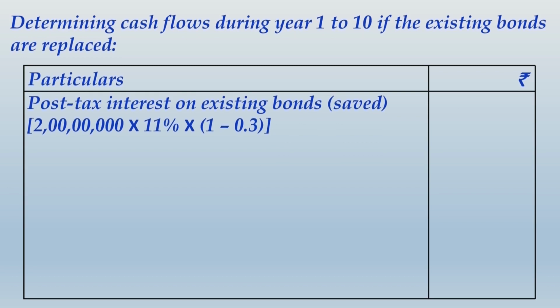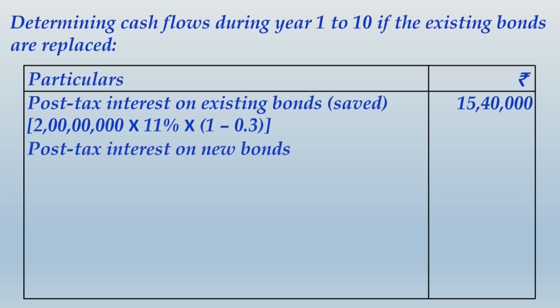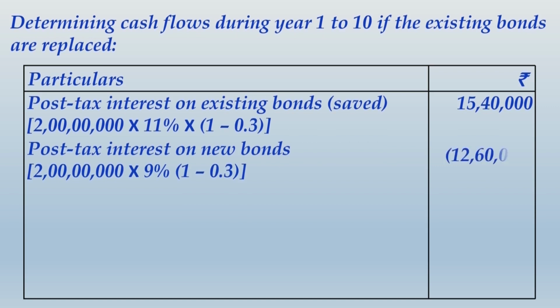So 1 minus tax rate, finally the post-tax amount of that interest that we are going to save every year will be 15,40,000, and on the new bond you are going to pay interest at 9%, and post-tax effect of that comes to 12,60,000. So 15,40,000 saved and 12,60,000 incurred every year for 10 years.